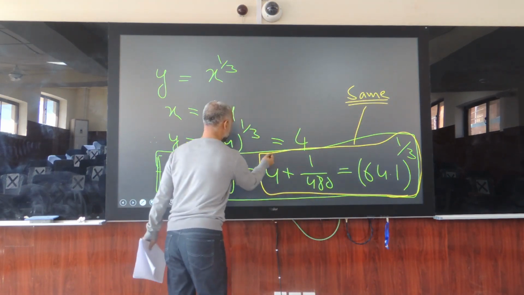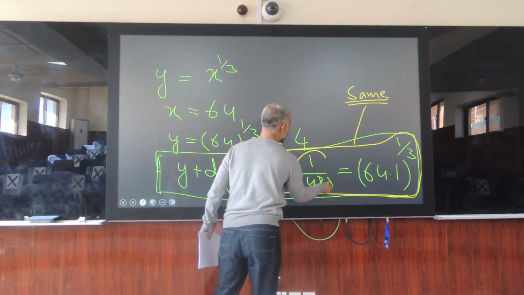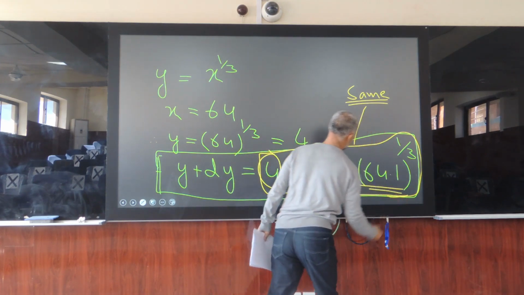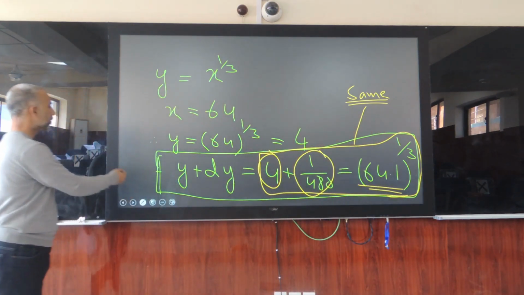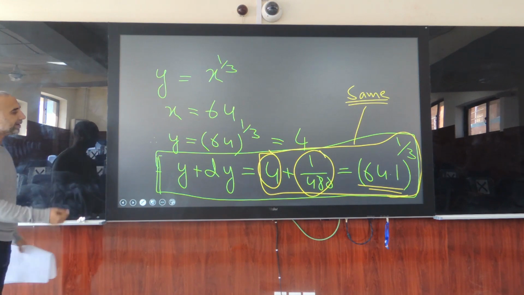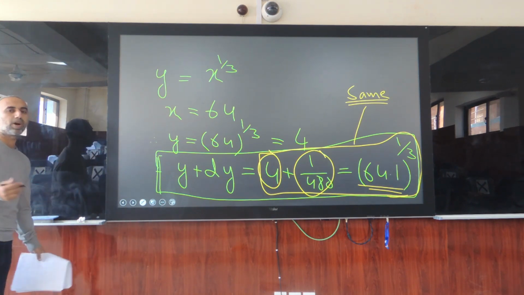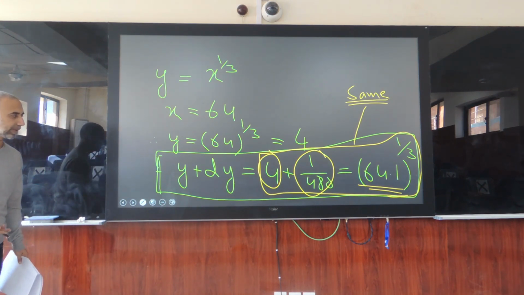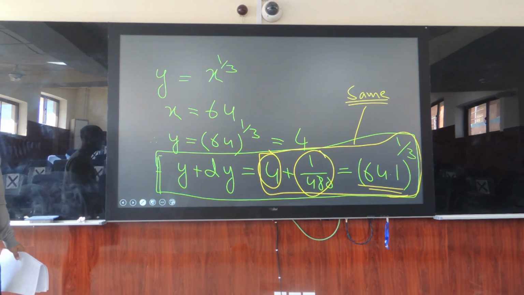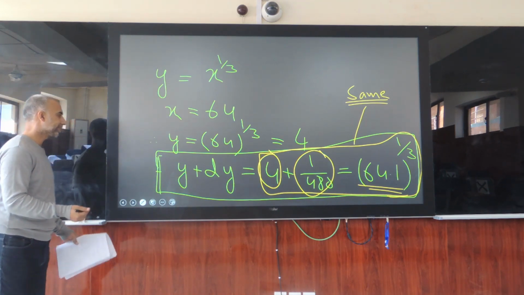This one is in split form, this one is the combined form. So we can reduce the value of y once we know the value of x, the small increment dx and the small increment dy. Very simple.